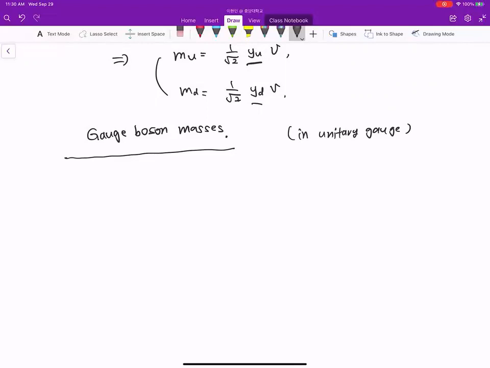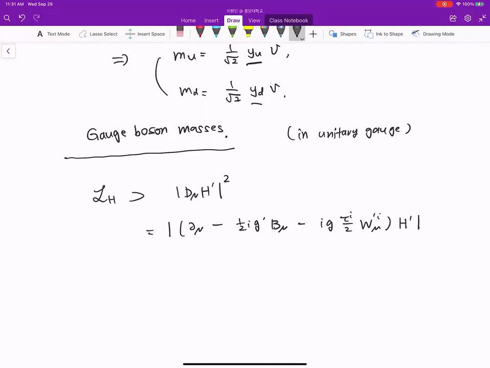So gauge boson masses come from the covariant derivative term. So the Higgs Lagrangian contains the covariant derivative and, in unitary gauge, H prime, and the double boson primed, right, in the unitary gauge because we transformed by the gauge transformation.